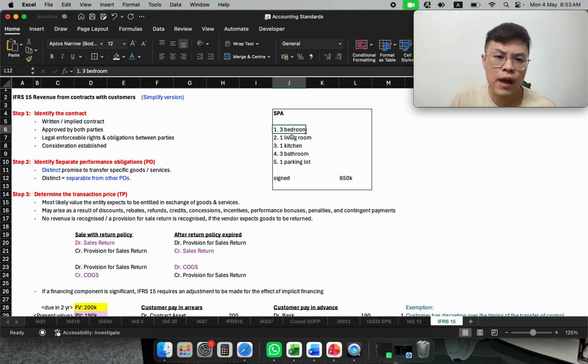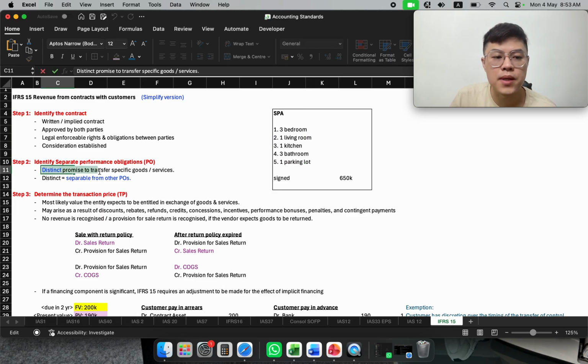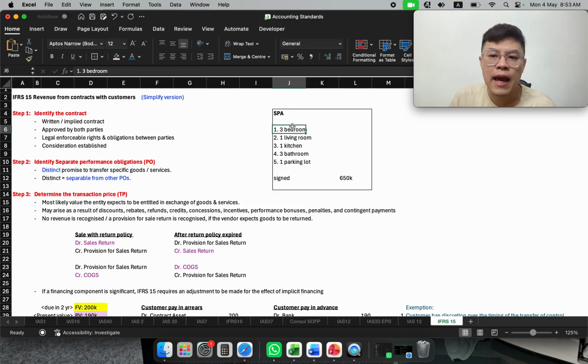Does it mean we have 5 performance obligations? The answer is no, because the keyword here must be a distinct promise to transfer specific goods and services. It must be a distinct PO. Distinct PO means one PO cannot be taken out from another PO.